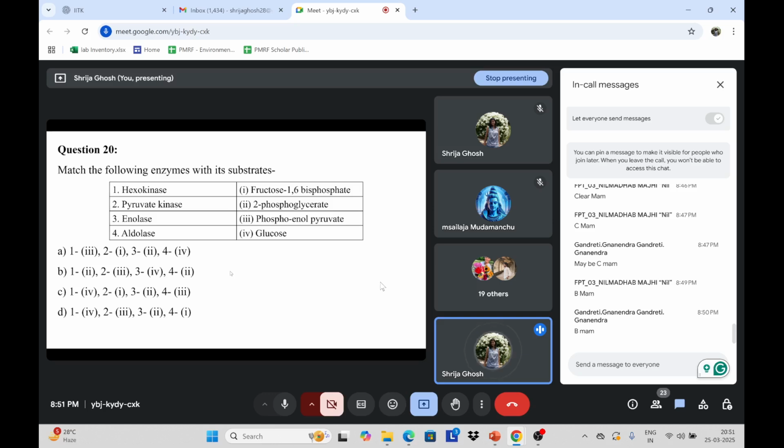Come on, write the answers in the chat box. What would be the substrate for hexokinase? What would be the substrate for pyruvate kinase? Then enolase and aldolase.